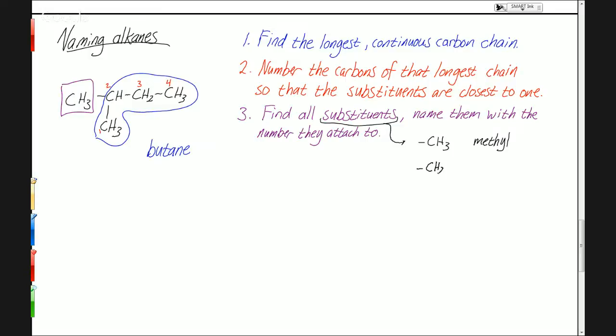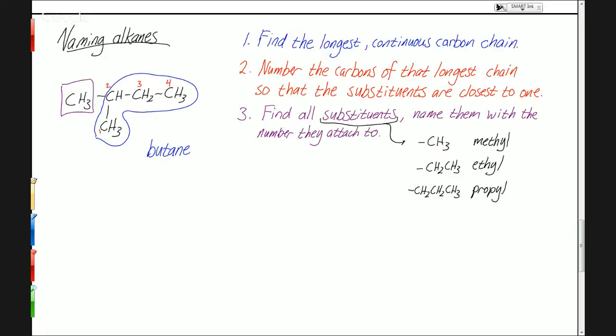You could probably see where this is going. If you had a 2-carbon substituent, that would be known as ethyl. If you had a 3-carbon substituent, that would be known as propyl, etc. We use the same base of the name, but we put YL at the end to show that one hydrogen is missing and it's connecting to a chain.